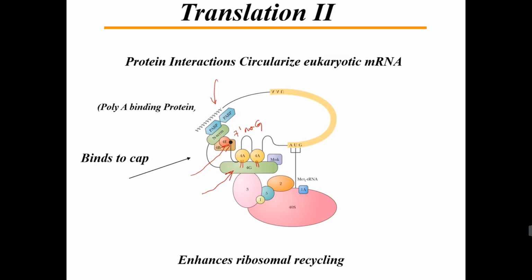And then this is when we have the eIF4E bound to that 7-methyl G. And then the N-terminal of 4G actually binds another protein, the PABP, which interacts with the poly A tail. And the PABP is the poly A binding protein. So we have protein interactions with the N-terminal of 4G between 4G and PABP. And then this N-terminal will then interact with the 5' end via protein interactions with 4E.